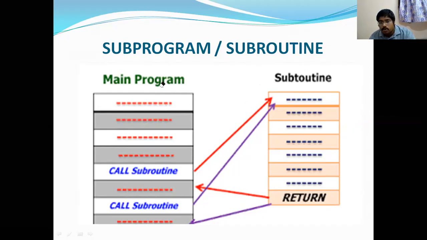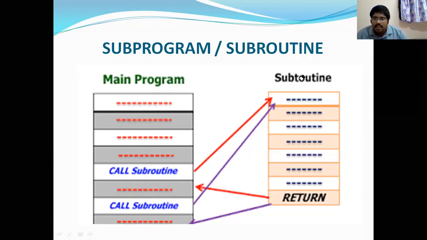Whenever my main program needs to perform some addition operation, I will call this particular subroutine. I will give some name to this subroutine. For your easy understanding, assume that I have given it the name ADD, ADDITION, for this subprogram.